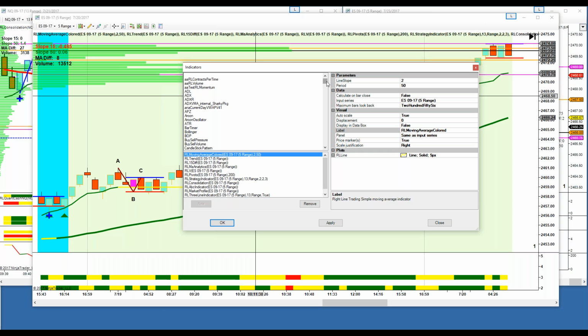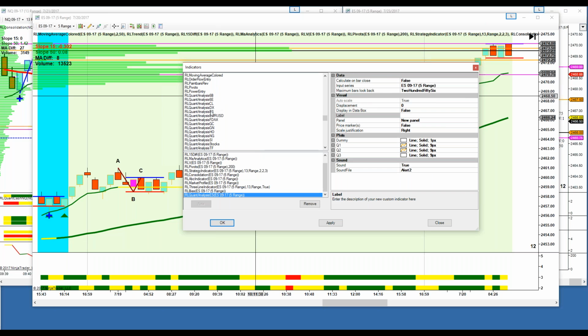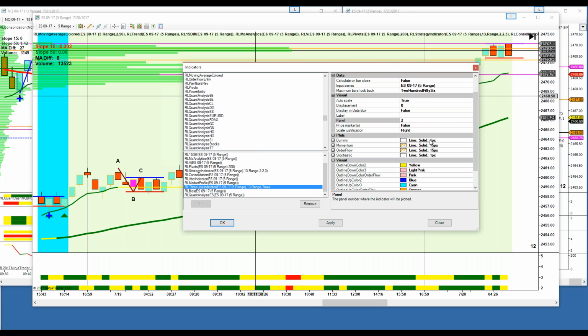Now we're going to look at our quant line. So we have quant lines for many markets. And the quant line for the E-mini is quite powerful. We're going to put the quant line in panel 2 and the 3-line indicator in panel 3.